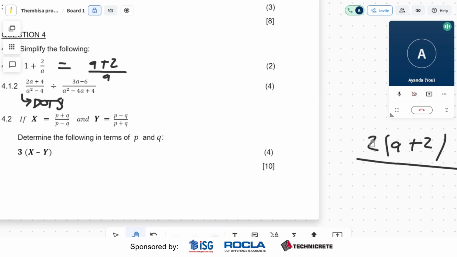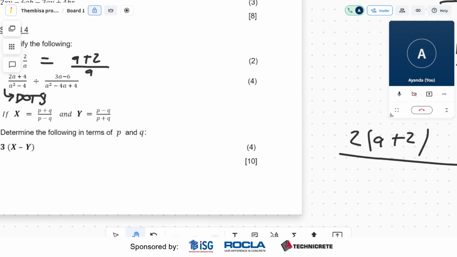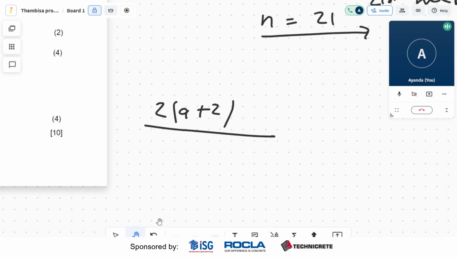That's why we're writing it out as 2 times (a + 2). So if we write out the difference of 2 squares, that just gives us (a + 2)(a − 2). Now we're going to multiply by the reciprocal, which means the denominator is going to come to the top and the numerator will go to the bottom.